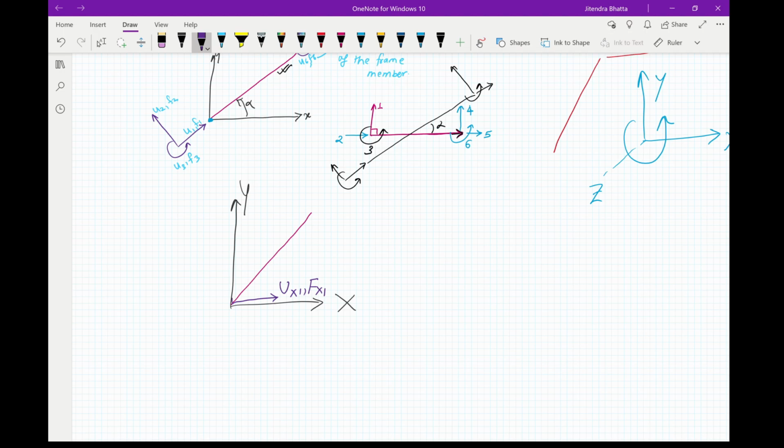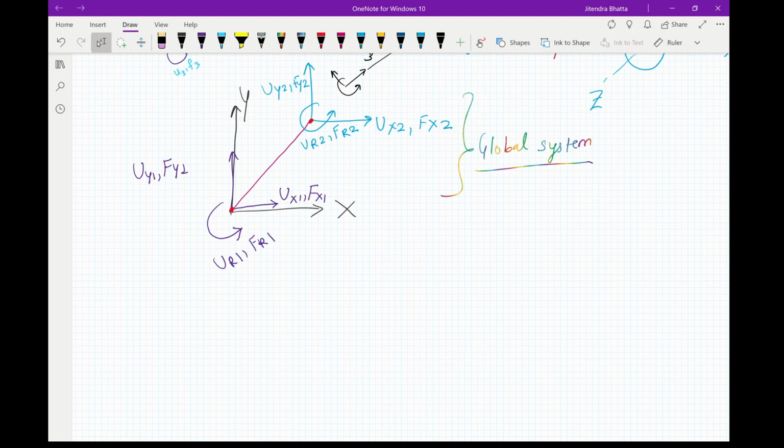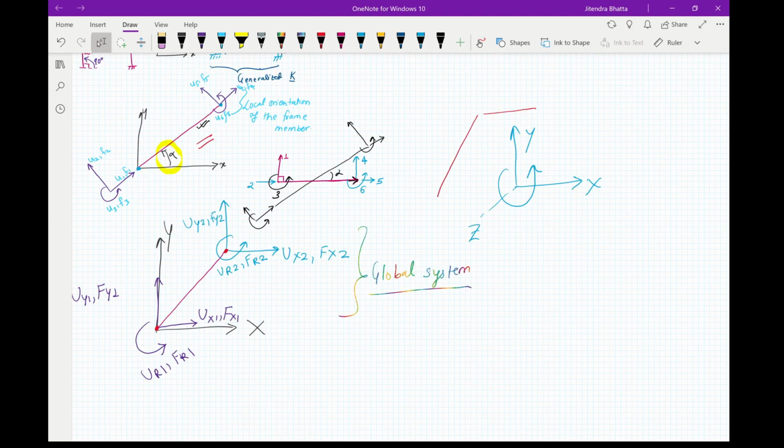And for the global y, that will be Uy1 and Fy1. And for the rotation here, that will be Ur1 and Fr1. Similarly, Ur2 and Fr2.